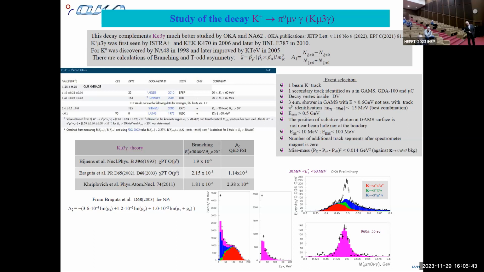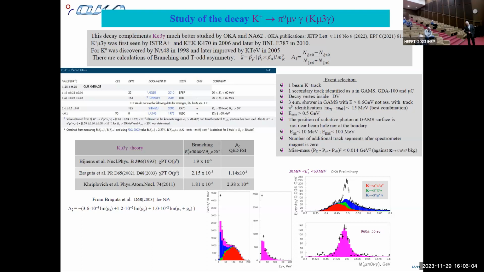Here we are using an extra cut on the energy of the photon. We require that it should be more than 30 MeV, because otherwise, here is its energy spectrum, we have severe background at smaller energy.